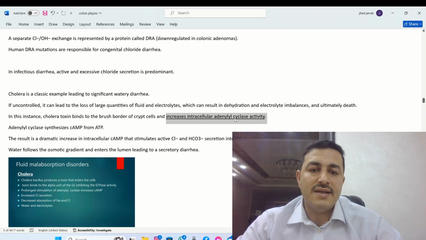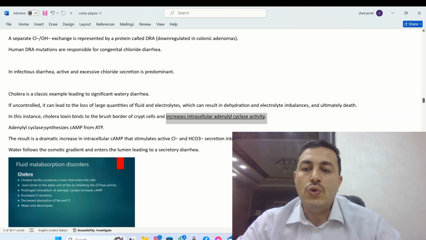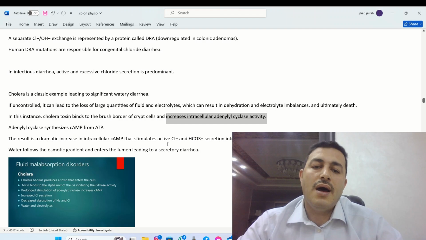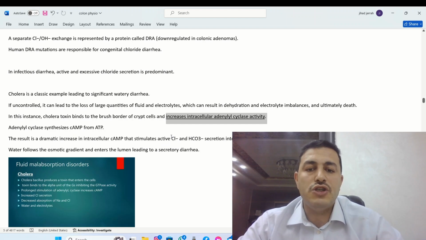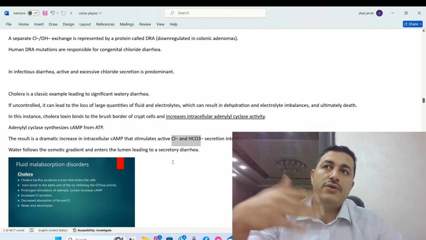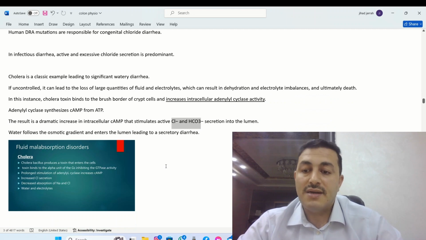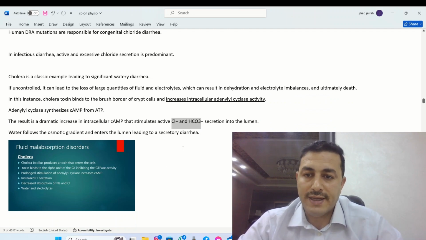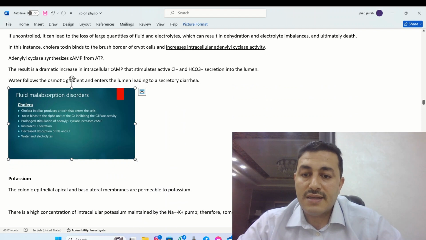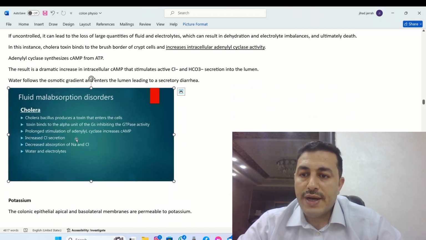Increasing the adenyl cyclase activity will lead to an increase in cAMP. cAMP will stimulate active secretion of chloride and bicarb, and will result in diarrhea that is high in electrolytes, especially chloride. So you can see here that cholera stimulation of adenyl cyclase increases cAMP.